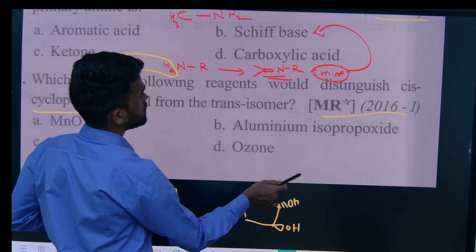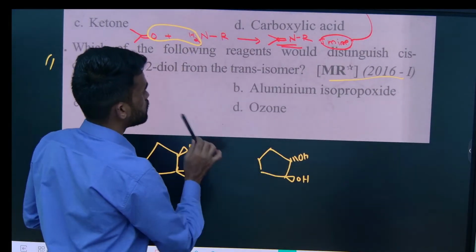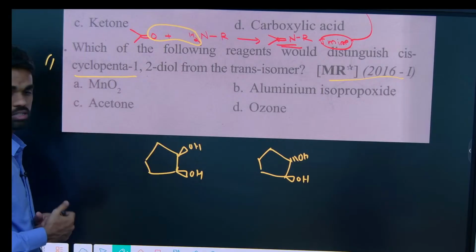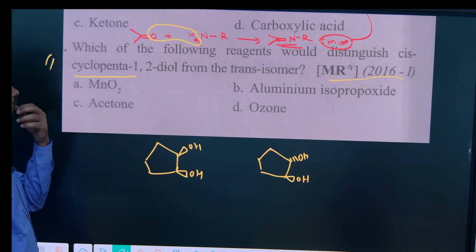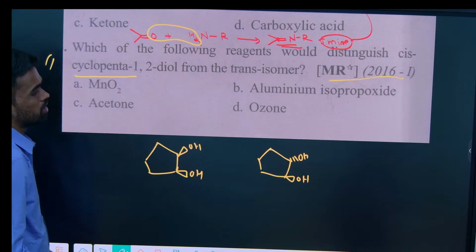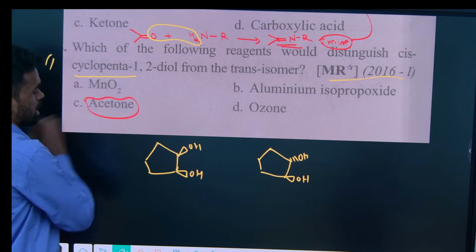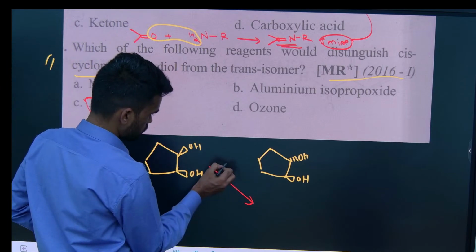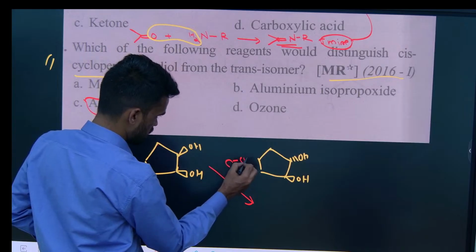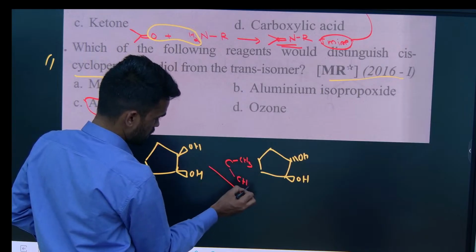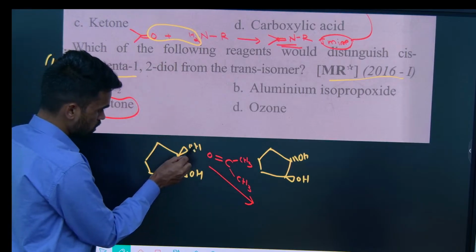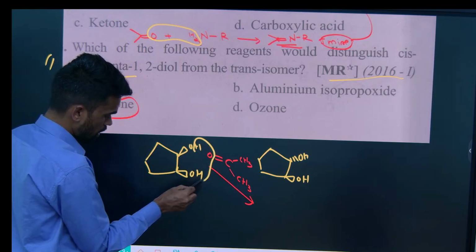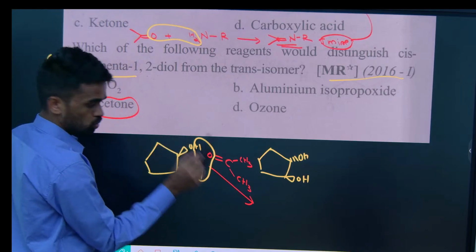So now how can we distinguish them? What is the best suitable reagent here we have for that? Yeah, see MnO2, these are oxidizing agents. Okay, ozone, no use. But here, if I take acetone, what happens, you know? Acetone means what is the structure? CH3 CO CH3. So now see this hydrogen, oxygen and hydrogen removing like a water.